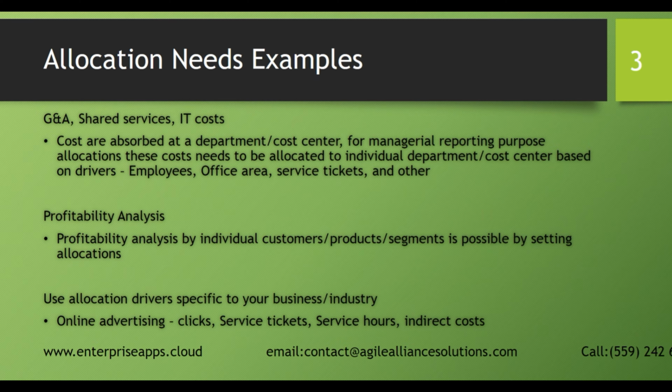It could be the number of employees in each department, or an office area, or the service tickets handled, or it could be different based on your industry and your business. The primary aim of allocation is to get a good profitability analysis at a detailed level, something like an individual customer, or a product or segments, again based on your industry and your business needs.